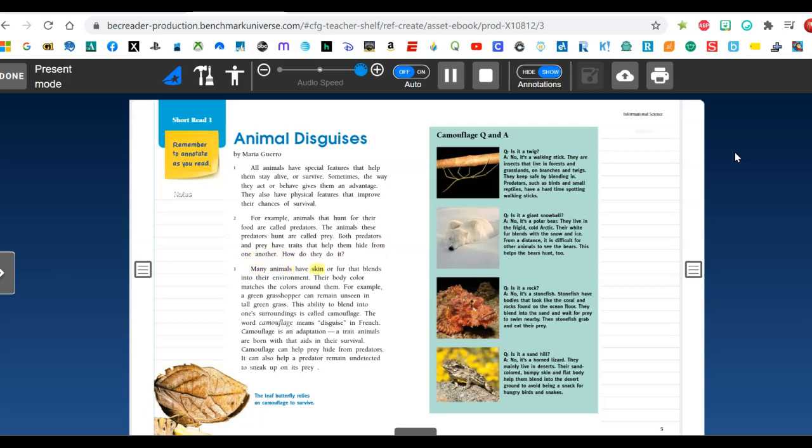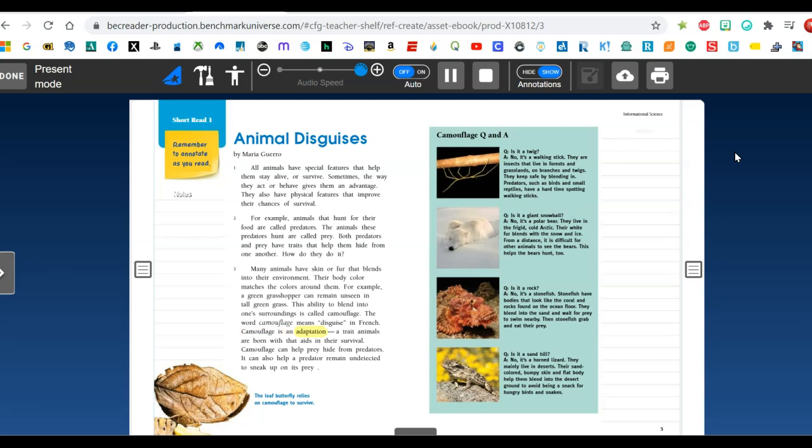Many animals have skin or fur that blends into their environment. Their body color matches the colors around them. For example, a green grasshopper can remain unseen in tall green grass. This ability to blend into one's surroundings is called camouflage. The word camouflage means disguise in French.